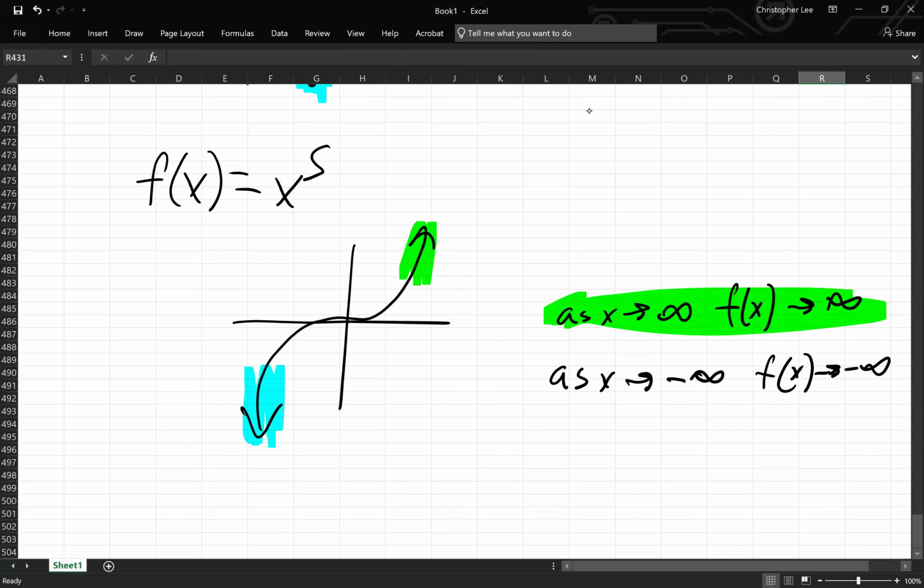All right. For example, make sense? Not in the even one.